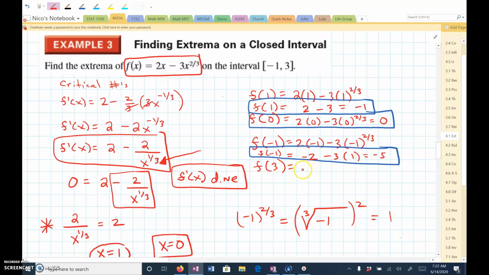Then we've got 2 times 3 minus 3 times 3 to the 2/3 power.